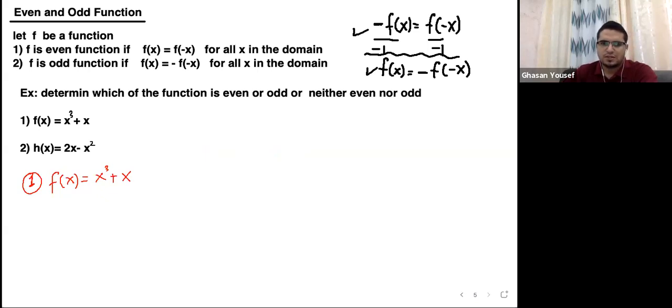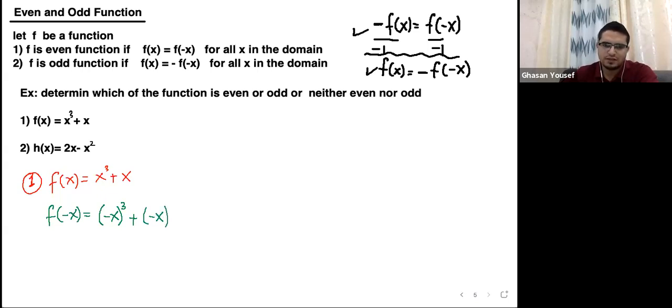The way is direct. You have to check by these rules. First of all, write f of x like this. Then write f of minus x: you substitute minus x inside the function. So I get minus x to the power 3 plus minus x.